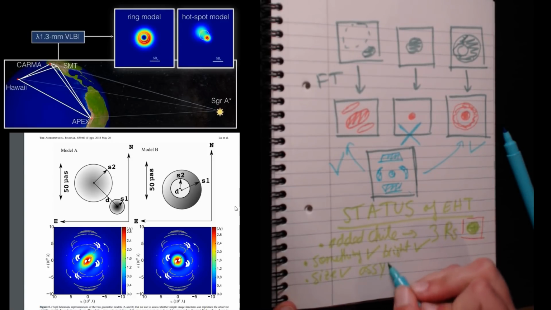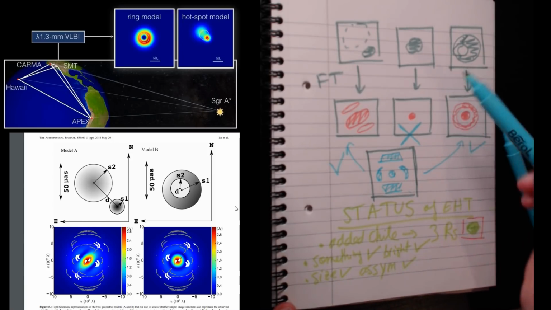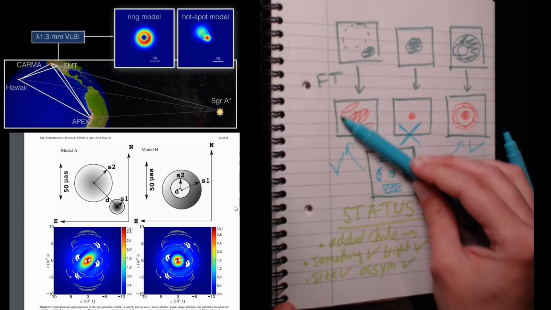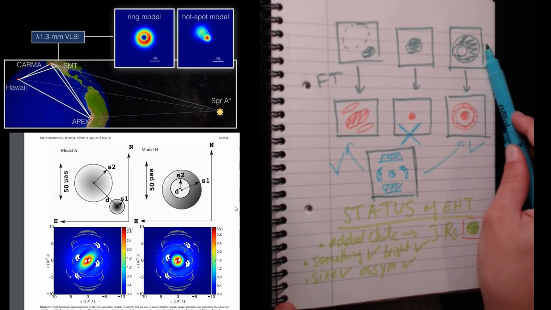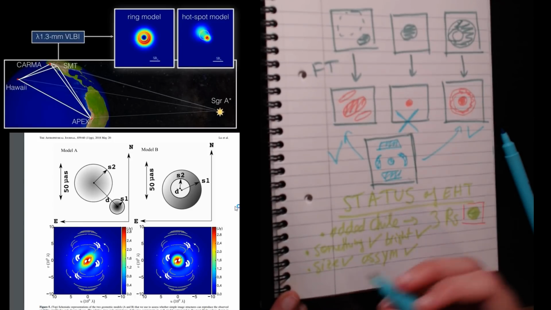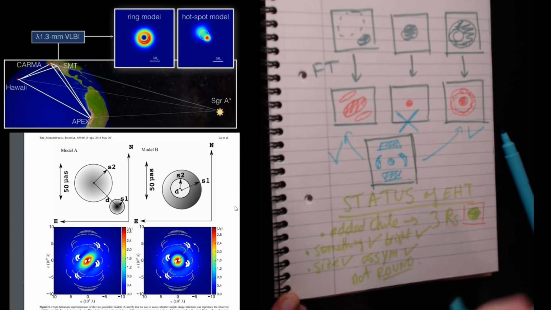And they even know that the object has to be asymmetric, so it's not just circular. And so they can rule out this model. There is something not symmetric about it, whether it's multiple blobs or whether it's a crescent. It is definitely not round. So that's good. You know, they're on the way.